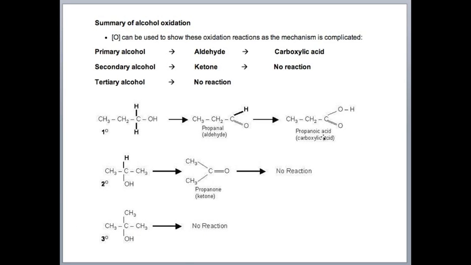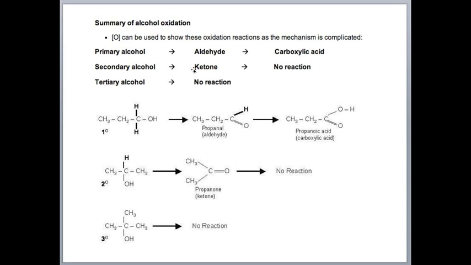Let's do a quick overview of oxidation of alcohols. As mentioned before, the O in square brackets represents an oxidizing agent. As we know, primary alcohols first go to aldehydes, and then if they're left to oxidize further, they will become carboxylic acids.